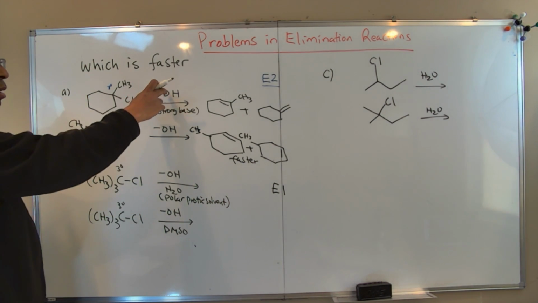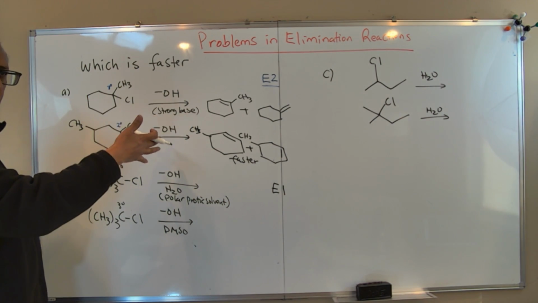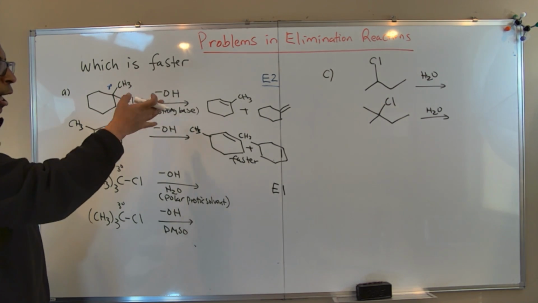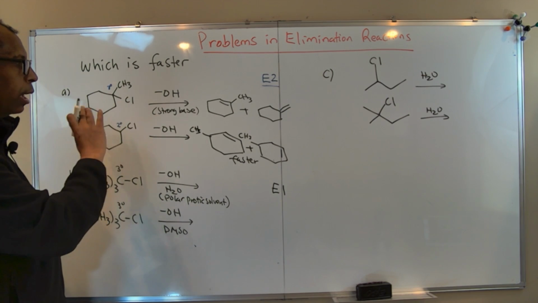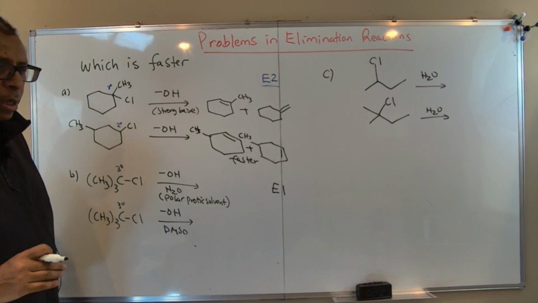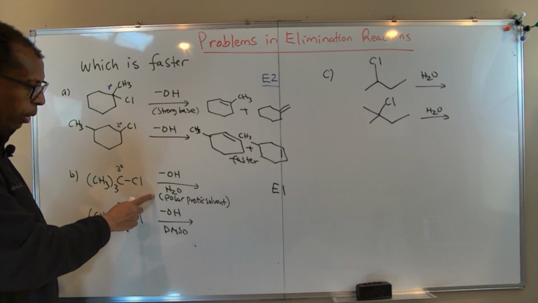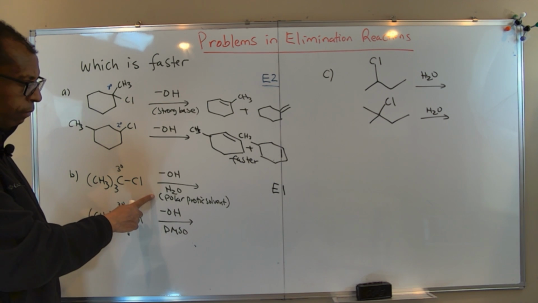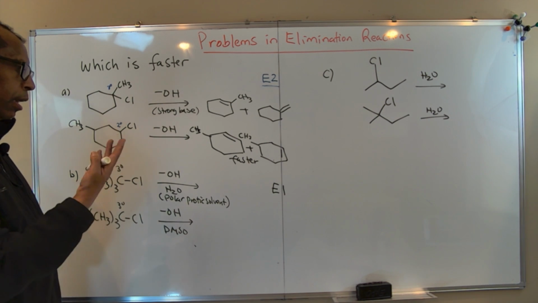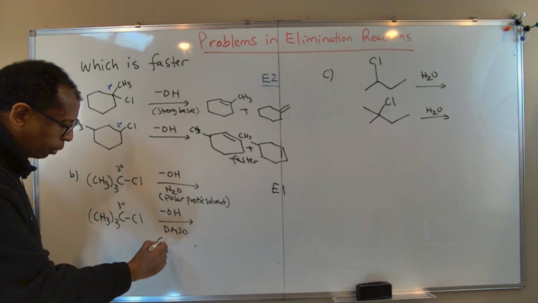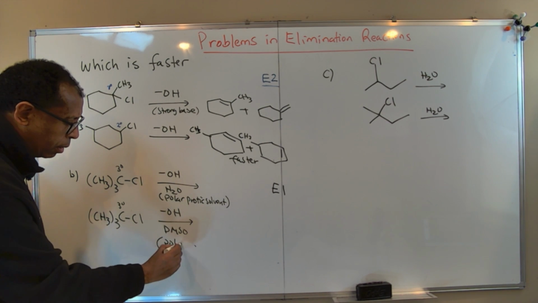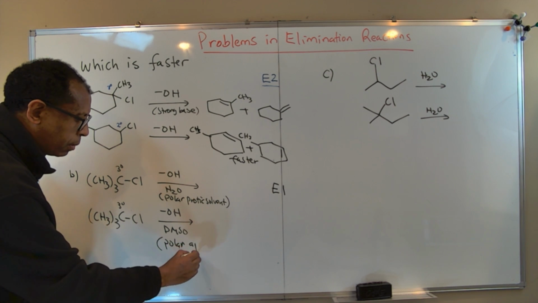So here they didn't mention the solvent, so I'm assuming it as just a strong base, and hence I'm considering an E2 reaction. But for this one, the top one is a polar protic solvent, and it is an E1 mechanism. Here I have a polar aprotic solvent, DMSO, polar aprotic.